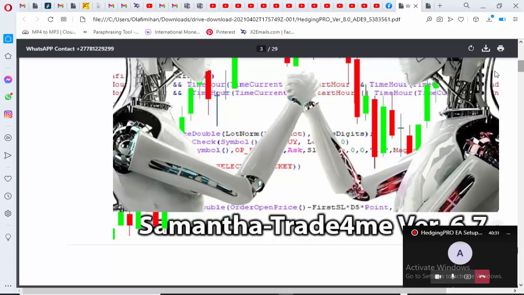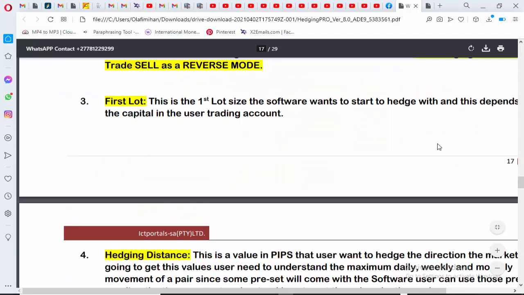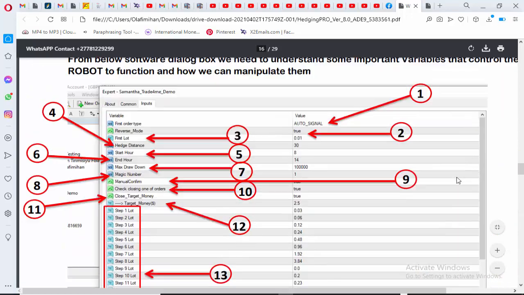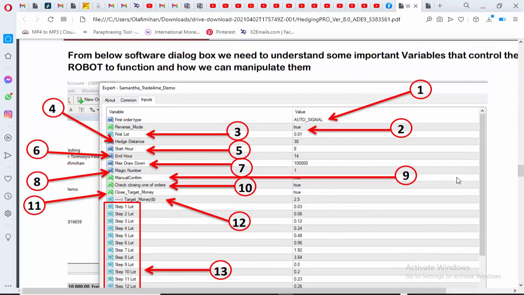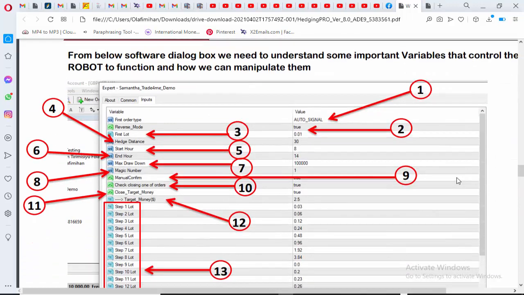Yes. Okay. Now, let me scroll down the manual to the most important place. When I first designed this manual, it was version 7, and what I'm compiling for you now is version 8. I will tell you the difference between version 7 and version 8, so you don't need to panic.